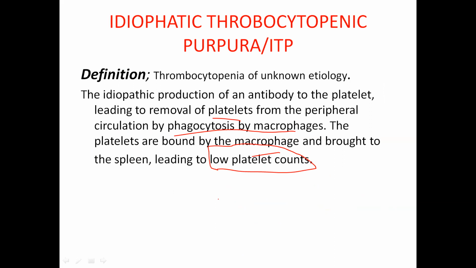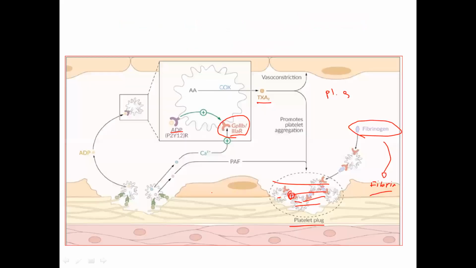In ITP, the spleen will produce antibody against a platelet antigen.